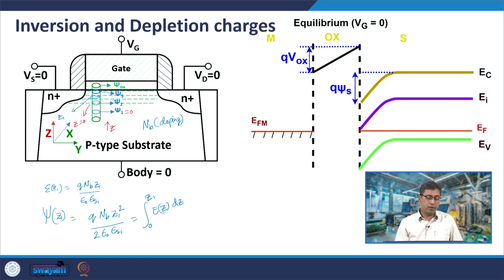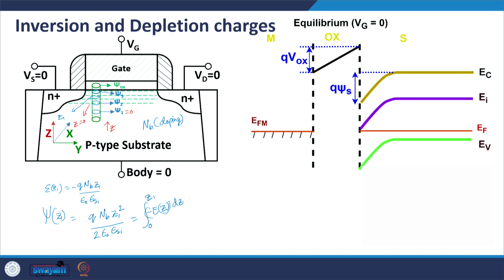Now, what is the direction of electric field? Negative charges are in silicon and positive charges are in the gate. It is negative actually, right. So, this is how the potential within the depletion region would change as you go upward in the z direction from the bottom edge of the depletion region, that is from the neutral p region, p body, towards the gate oxide silicon interface.